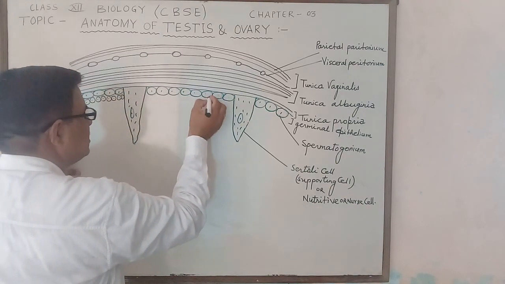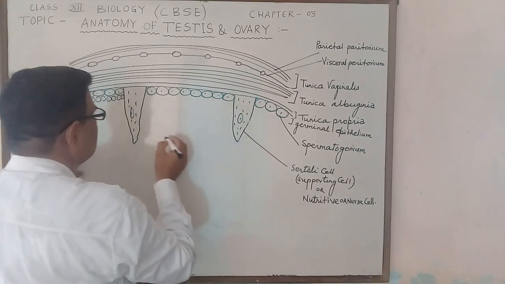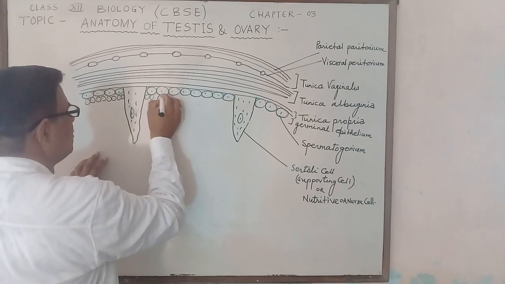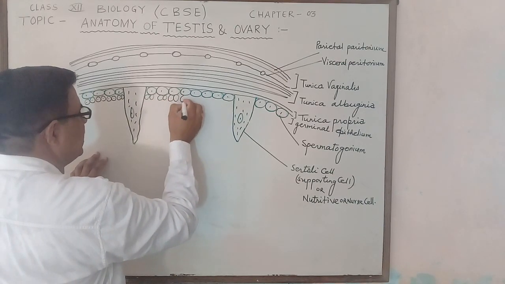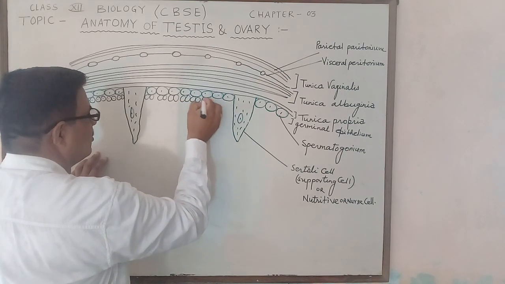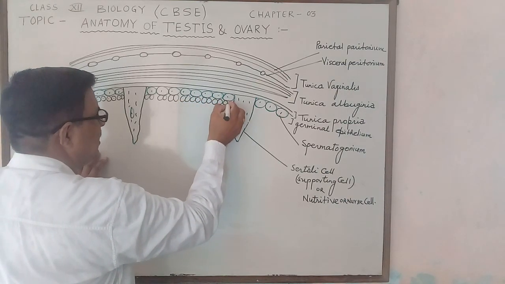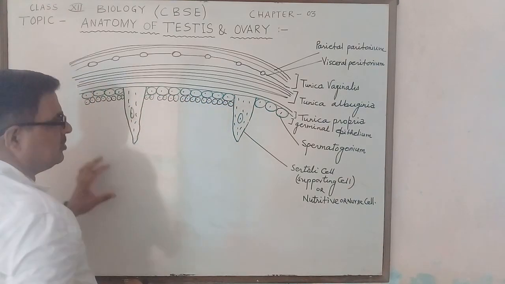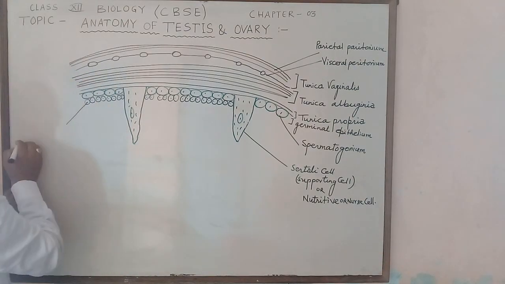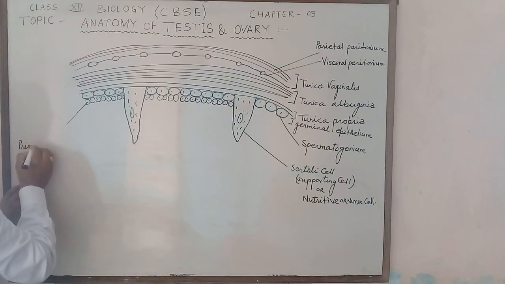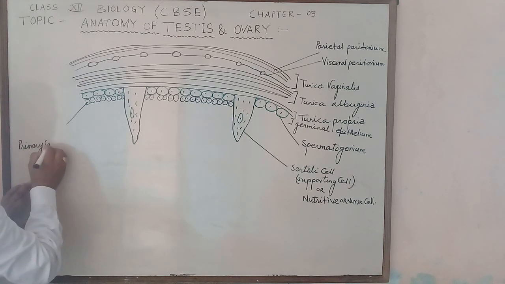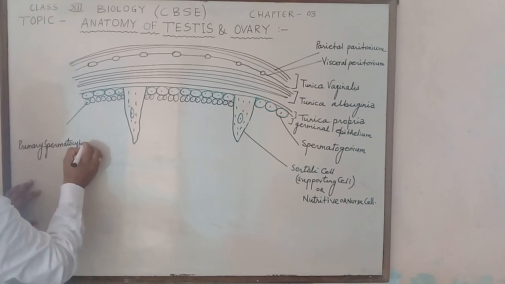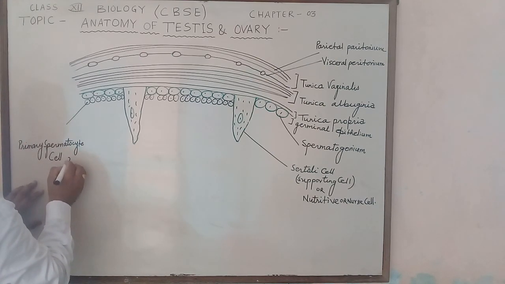The spermatogonium cell, which is generally smaller in size, divides by mitotic division into two cells, and this cell, which is diploid, is known as the primary spermatocyte. The primary spermatocyte cell is diploid.